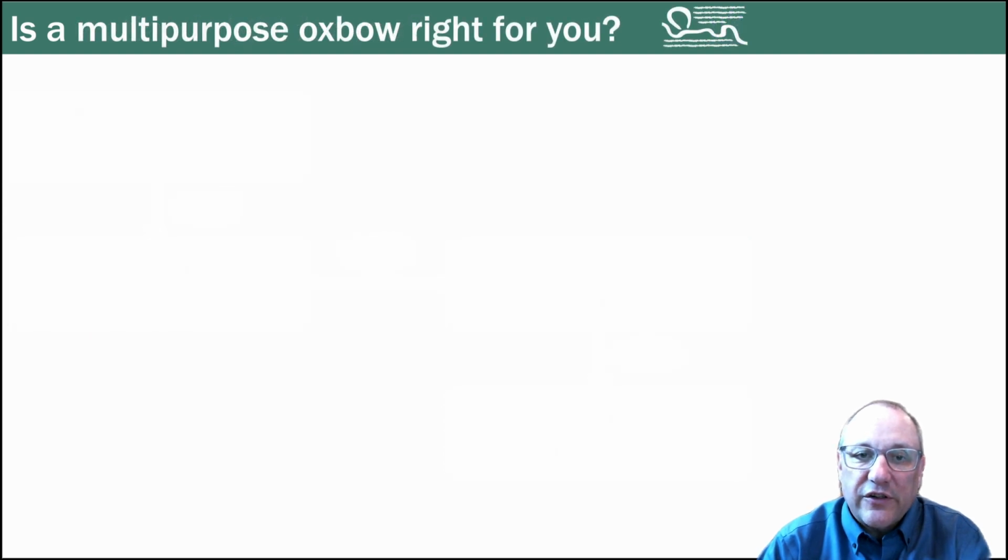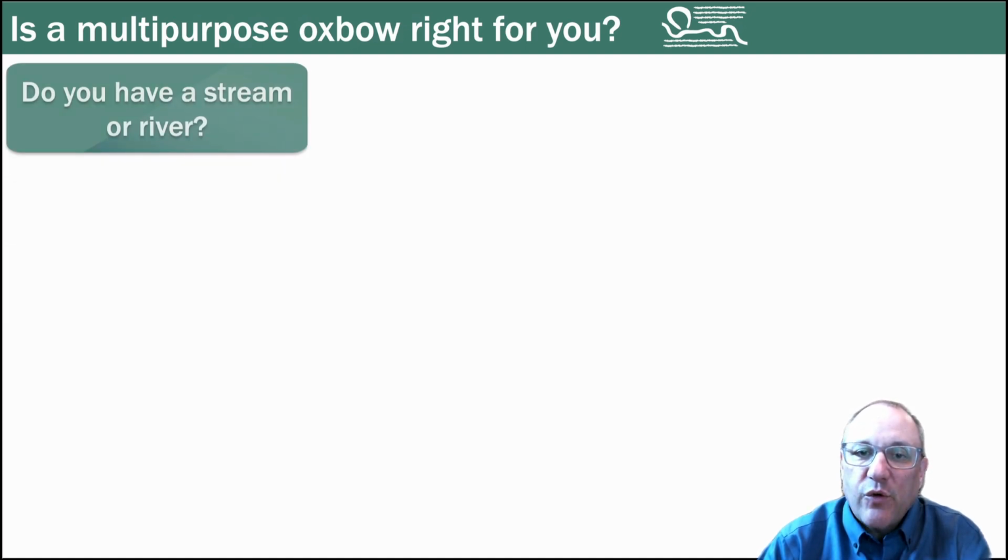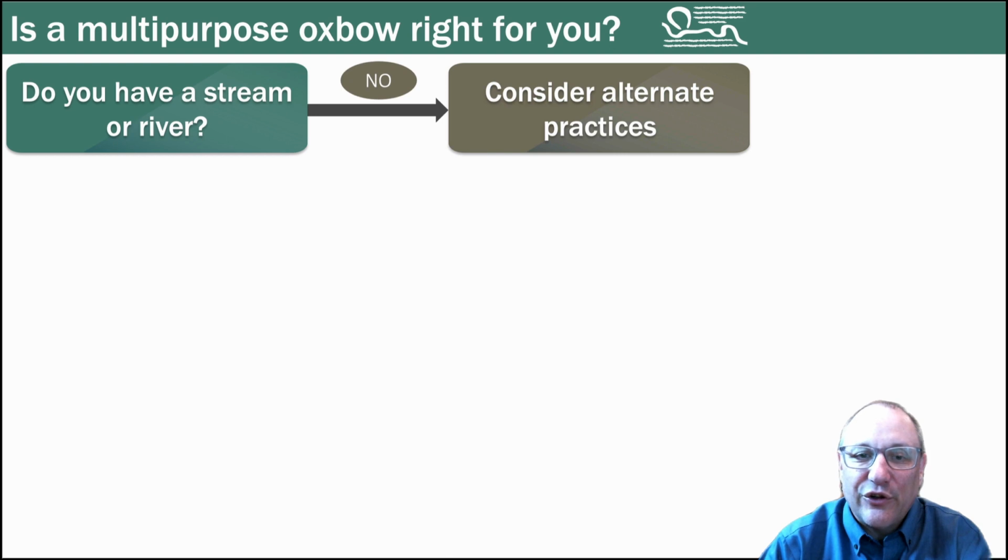The next decision tree looks at multi-purpose oxbows that can capture tile drainage water for treatment, as well as providing oxbow habitat. So the first question should be fairly obvious, but you need to be located along a stream or river. If not, then you'll obviously need to look at other practices.